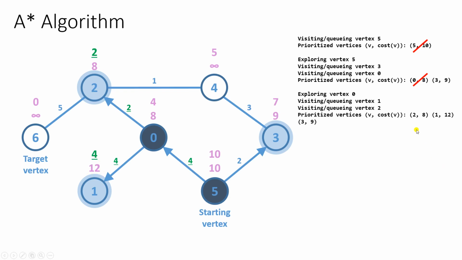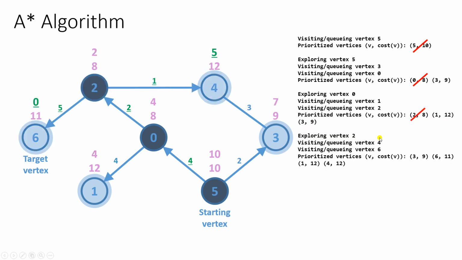Now let's see which vertex is going to be explored next. We have vertex 2 with total cost 8, vertex 1 with total cost 12, and vertex 3 with total cost 9. So we are going to explore vertex 2.